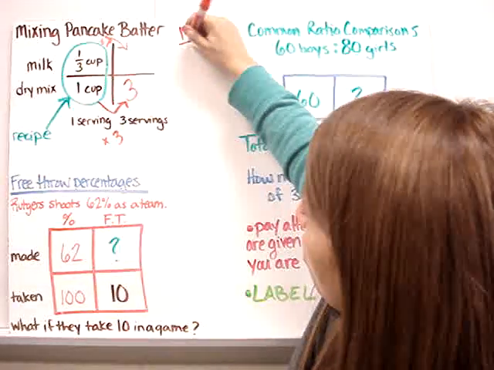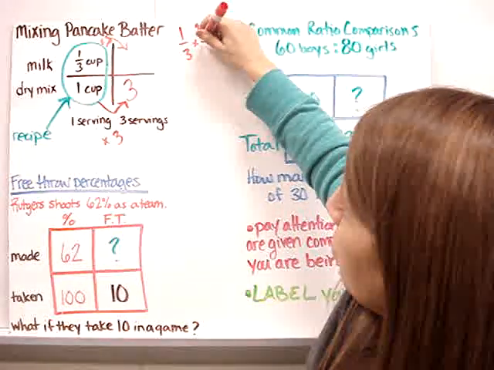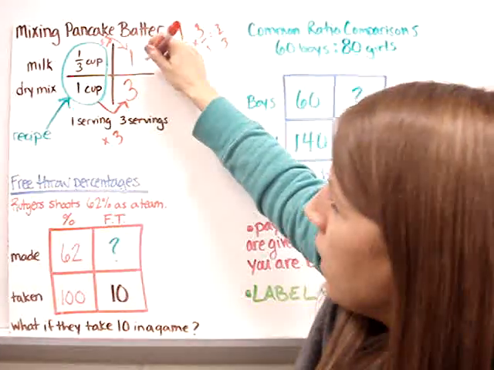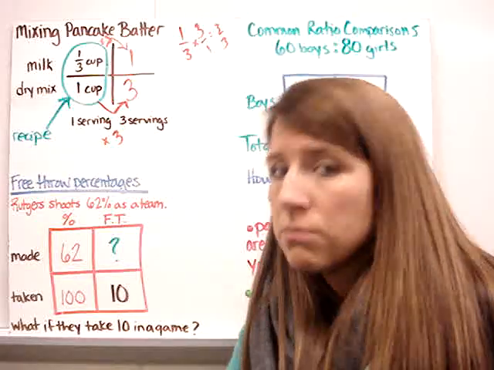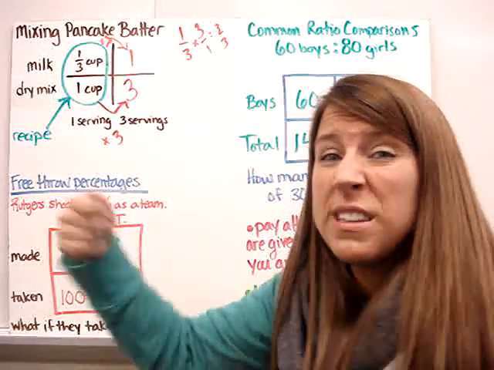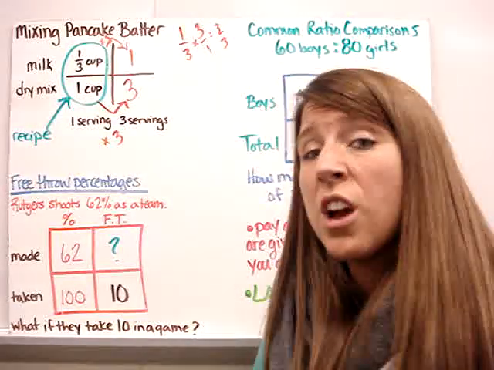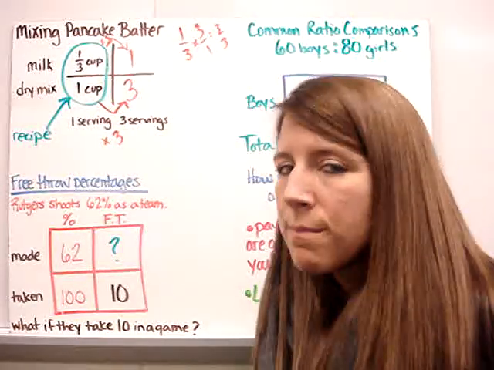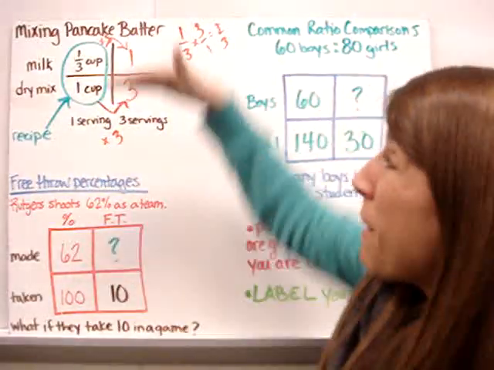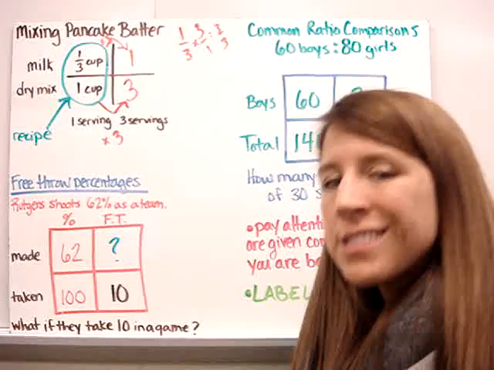Also, let me show the multiplication here. 1/3 times 3 is 3/3, which is in fact 1. So 1 cup of milk. Correct? Yes. You could take that 1/3 cup and fill it 3 times, or you could just fill the 1 cup up once. Either way, it's going to work. Okay? But not only do I have this horizontal relationship, I have a vertical relationship every single time.